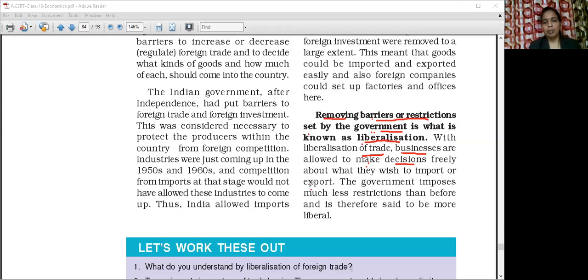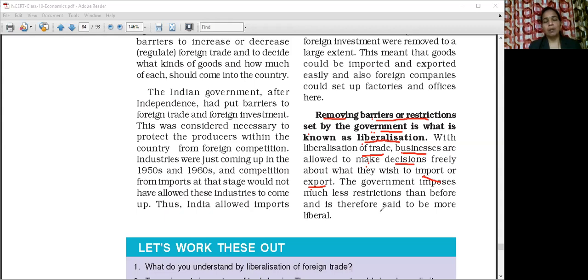It gave freedom to businesses about what to import or export, because the government restrictions were removed. The government imposes much fewer restrictions than before and is therefore said to be liberal. In the earlier period the government kept high restrictions, but now it keeps very few.